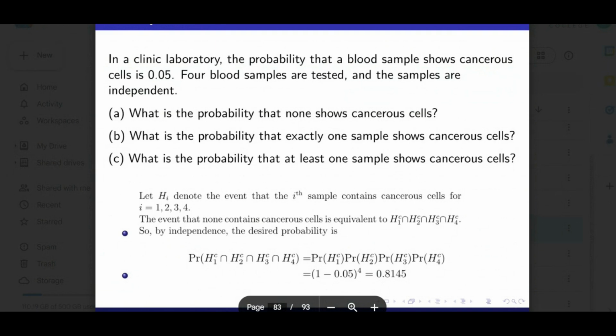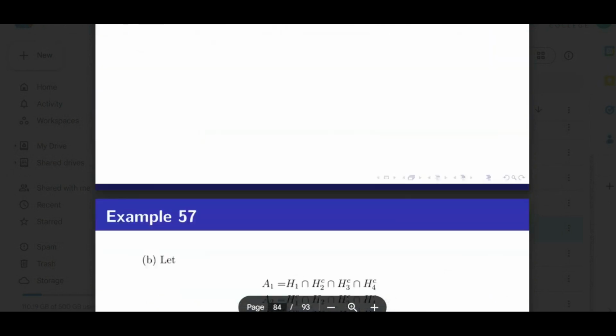Yes. Good. 0.95 to the 3, so 0.95 cubed and then 0.05. That gives you, but yes, there's one more thing you need to do. Does anyone? Yes. That's right. Multiply that by 4. I'll tell you why.